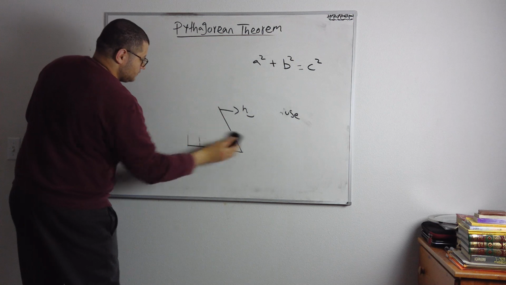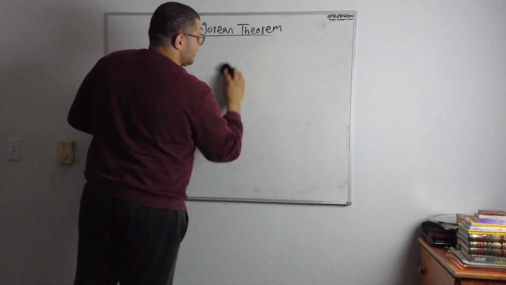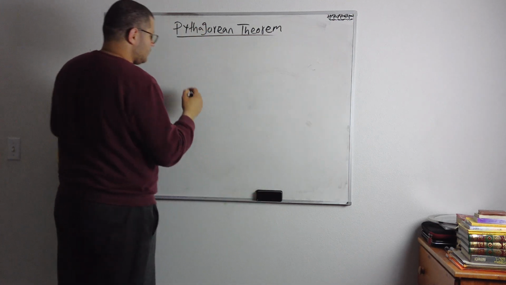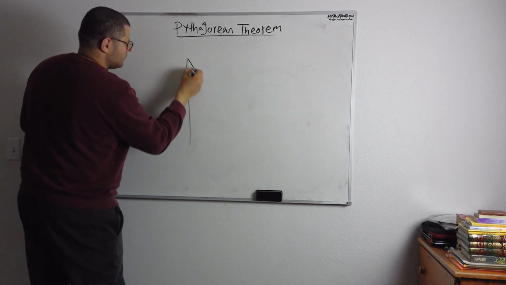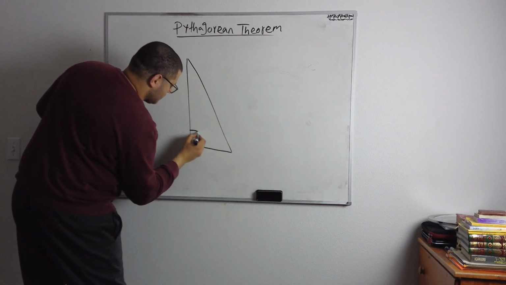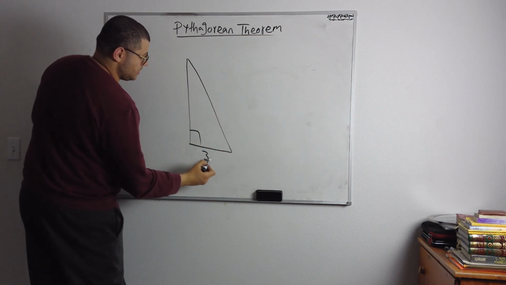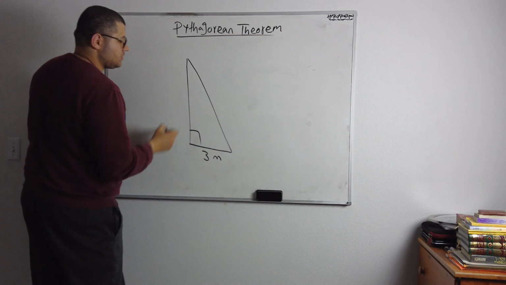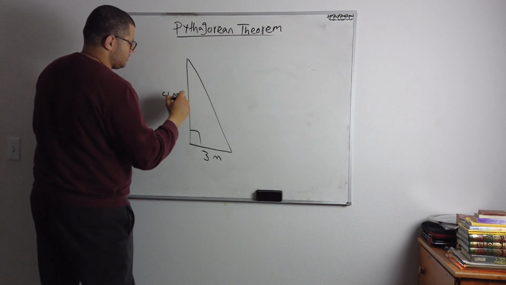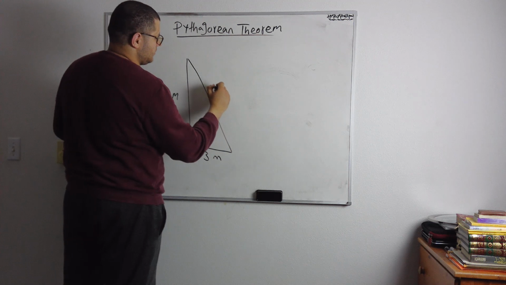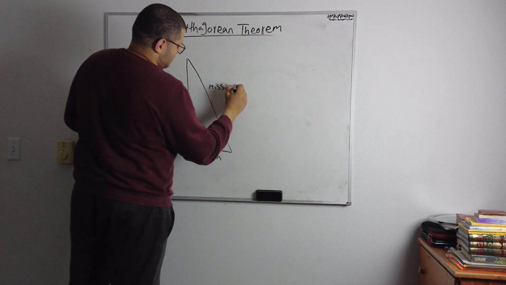If we have a right triangle here, let's say this was 3 meters, this was 4 meters. We're trying to find the missing side.